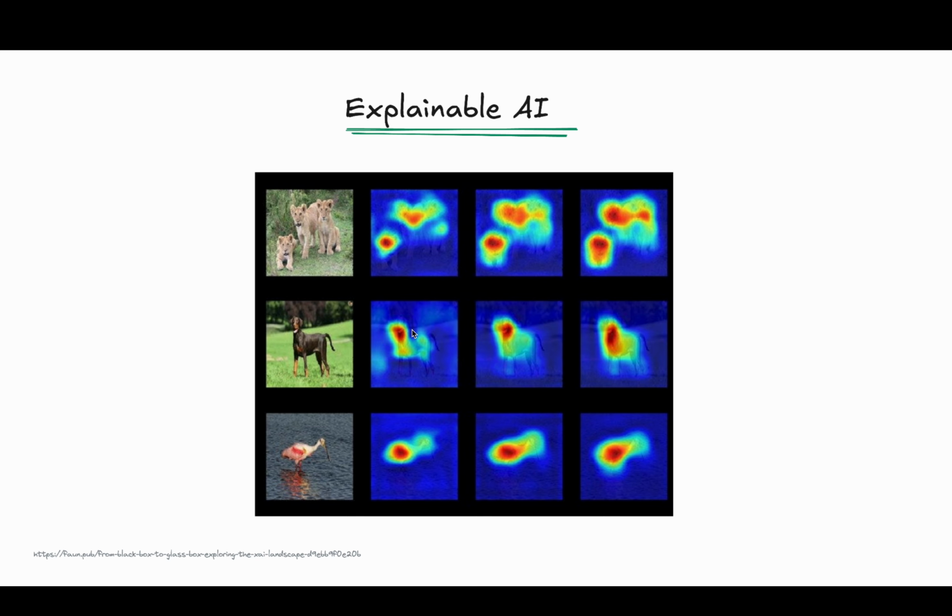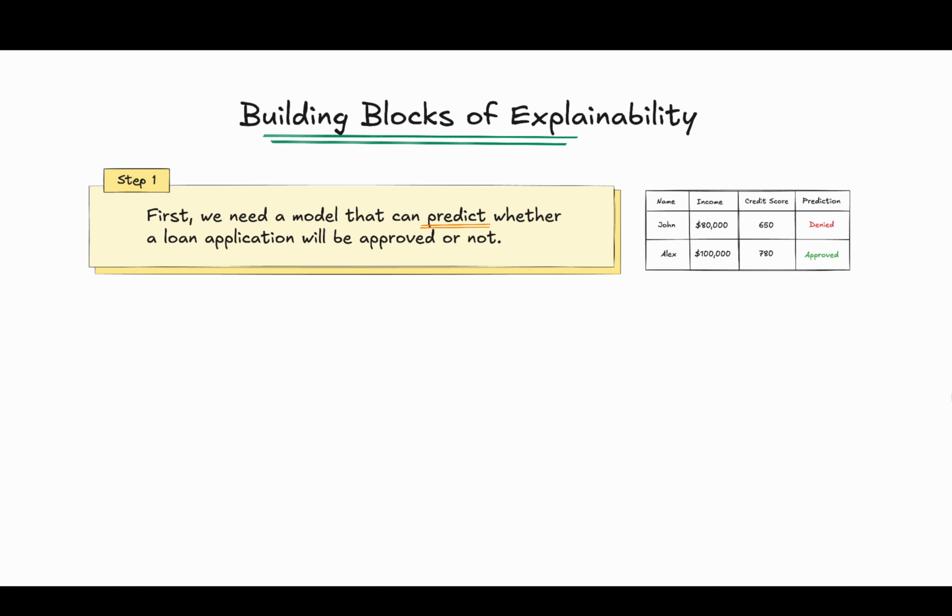In the second row, the AI seems to be focusing on the body of the dog. This is what makes explainable AI so powerful. We can literally see what parts of the input matter the most to the model, and this is critical for spotting errors or biases that the model is making.